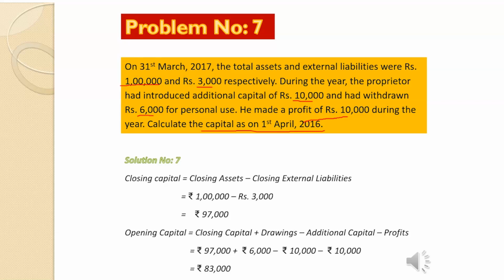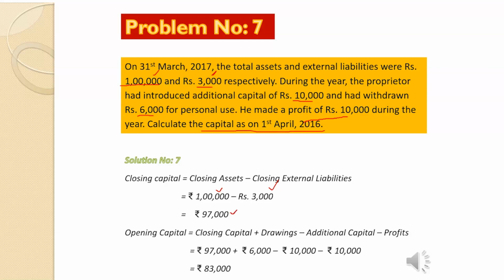Closing capital is equal to closing assets minus closing external liabilities. Closing assets is 1 lakh and closing external liabilities is rupees 3,000. So closing capital is 1 lakh minus 3,000, which is 97,000.